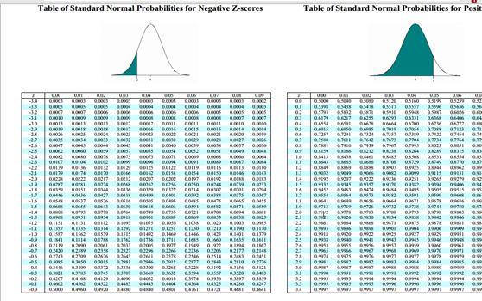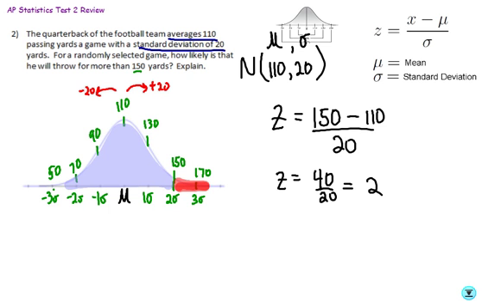So a z-score of 2.0 translates to 0.9772. And if we convert that over to a percent, if we slide that over 2 places, it's approximately 98%.